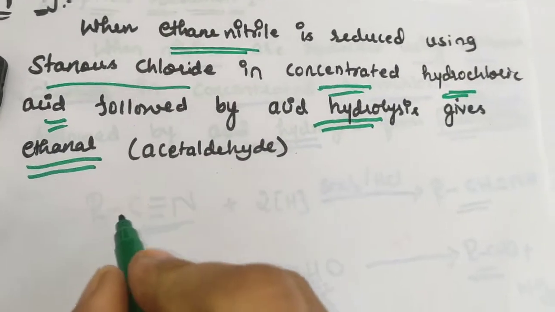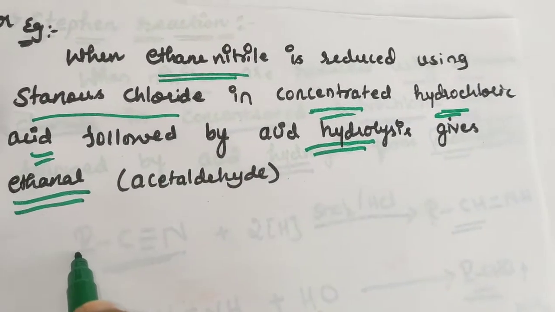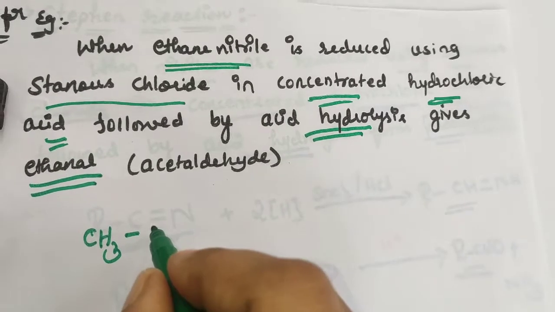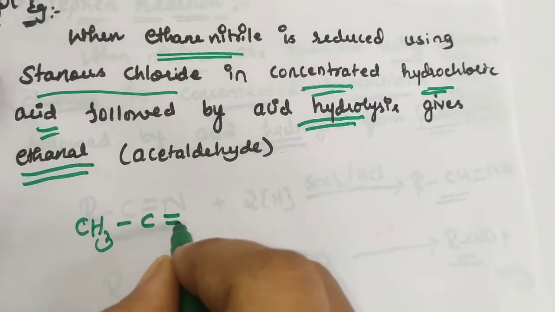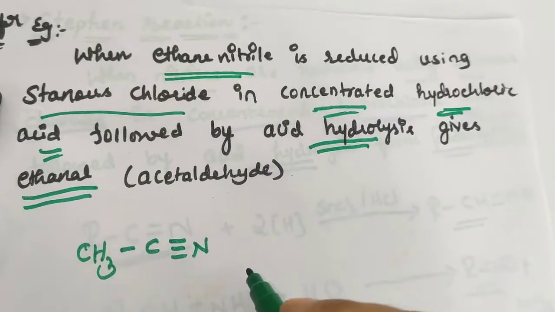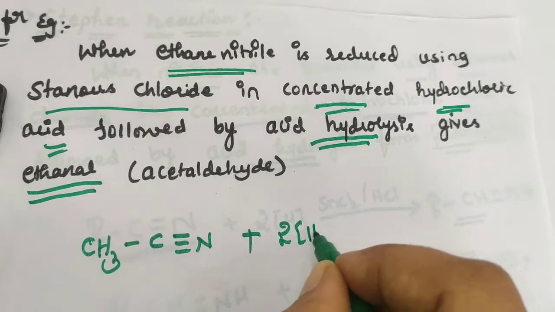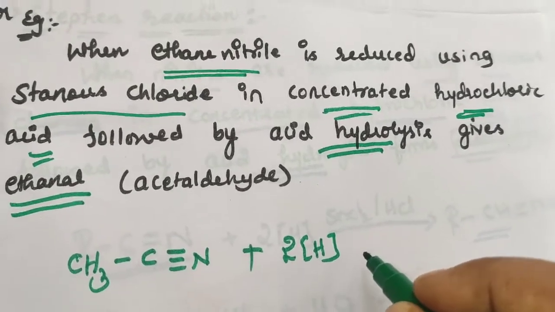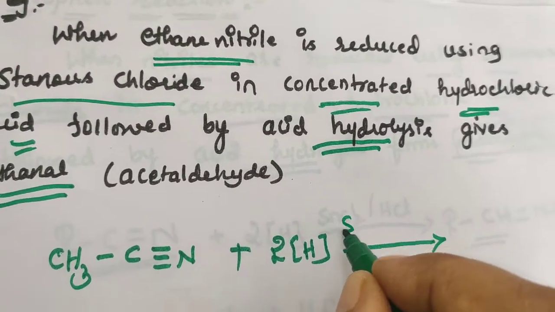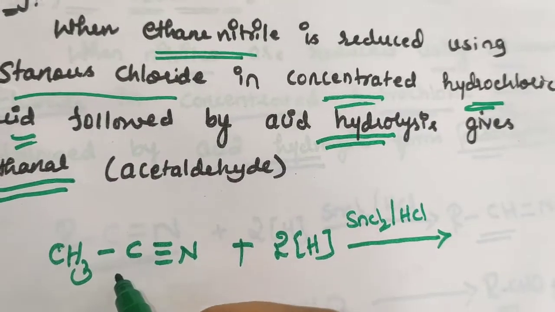Let us see this example alongside the general reaction. CH3C triple bond N is known as ethane nitrile. It must be reduced, because we add hydrogen atoms to this reactant in the presence of stannous chloride, followed by hydrolysis.